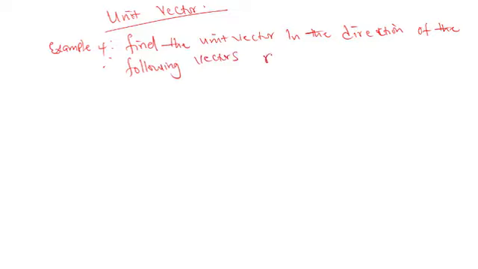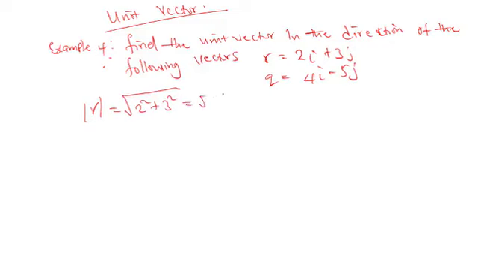So we now have R equal to 2i plus 3j, and Q equal to 4i minus 5j. Now we want to get the unit vector in the direction of R. The first thing we need to do is get the magnitude of R. The magnitude of R is, remember the rule of modulus, the square root of 2 squared plus 3 squared, which is the square root of 4 plus 9, which is the square root of 13.